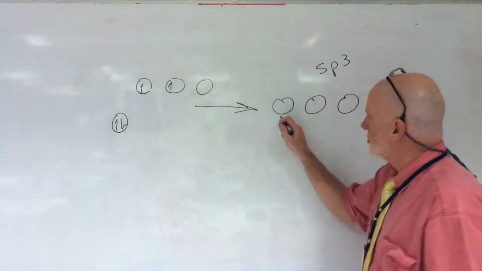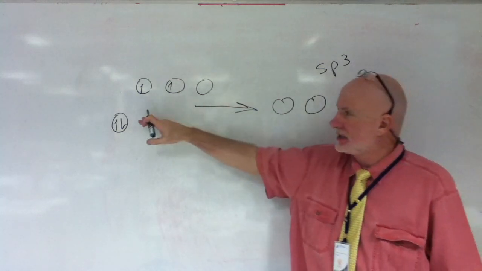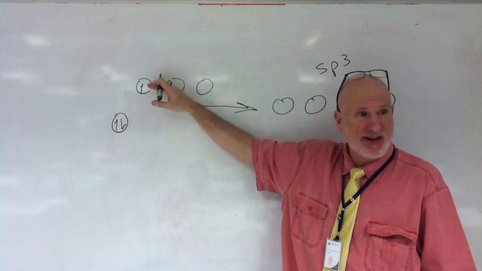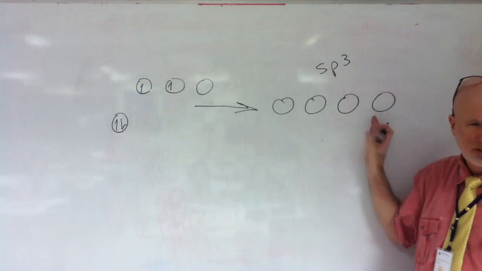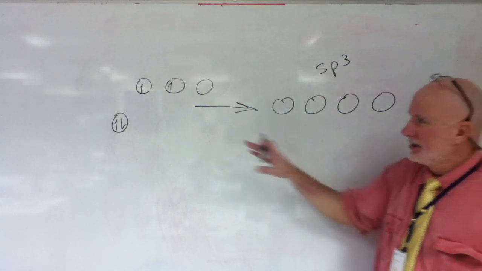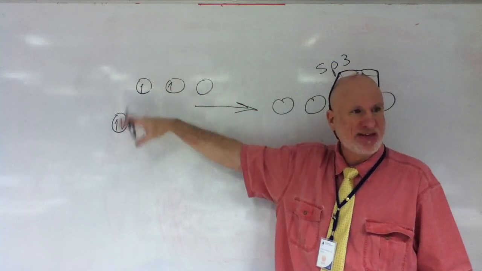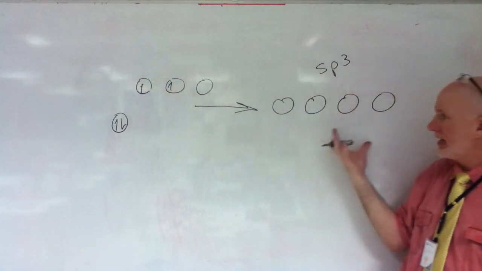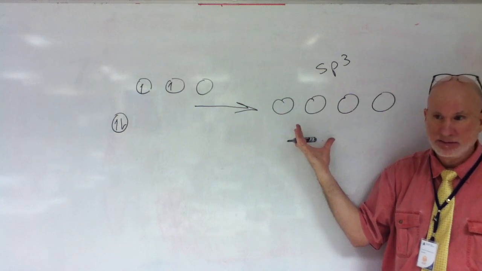And the thing about it is they're all at the same energy level. And it's more stable: the sum of the energy of these individually is greater than the sum of these 4 together.